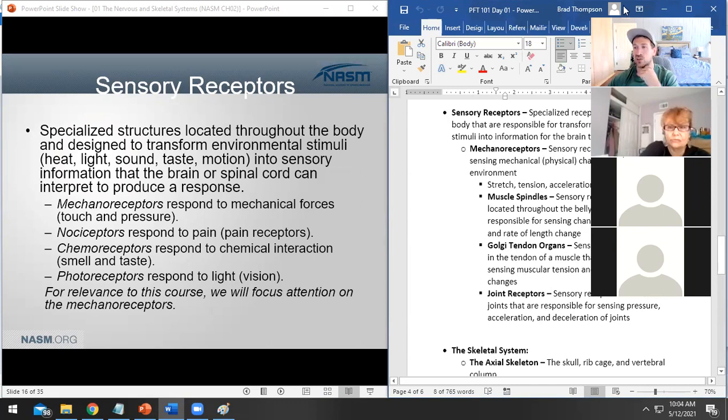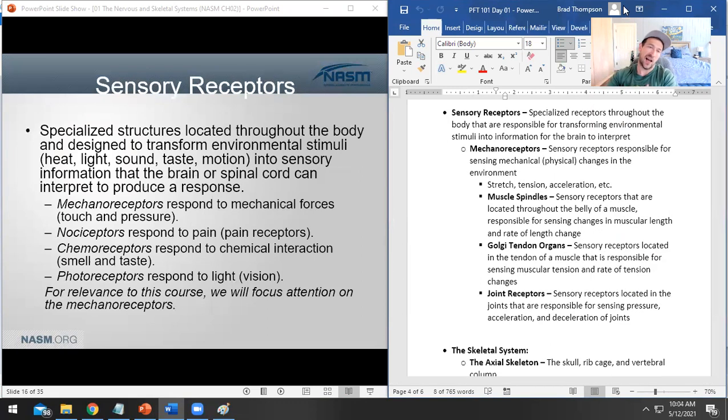Like I said, your nervous system's job is not only to make decisions and execute responses to different things, it's also in charge of sensing info. How does it know what to do if it didn't get information coming in, right? Well, that is where you have different sensory receptors throughout your body.